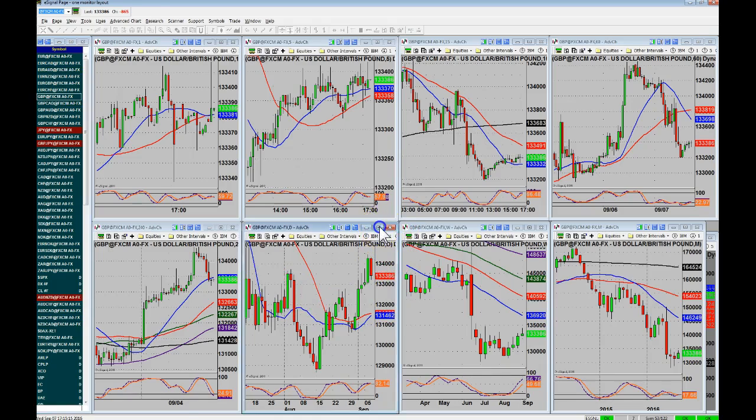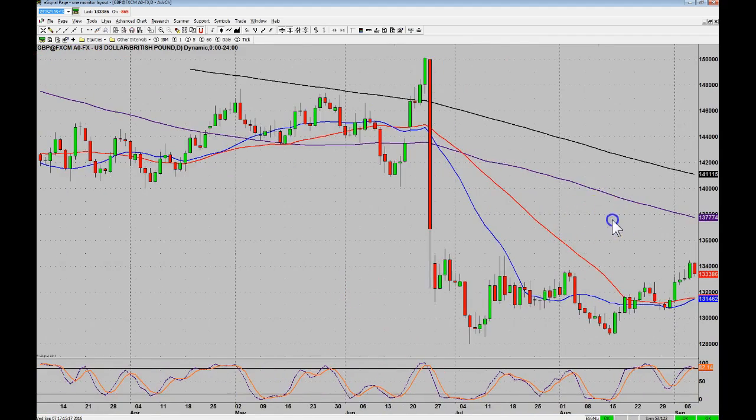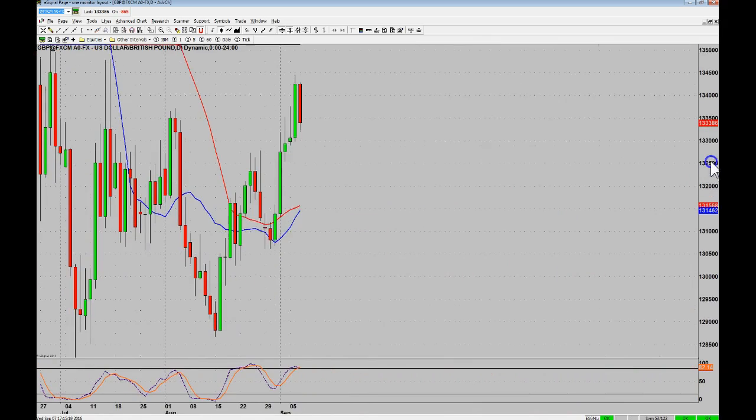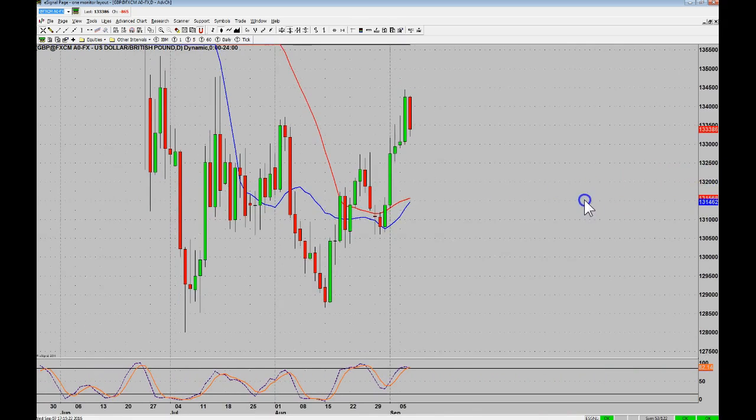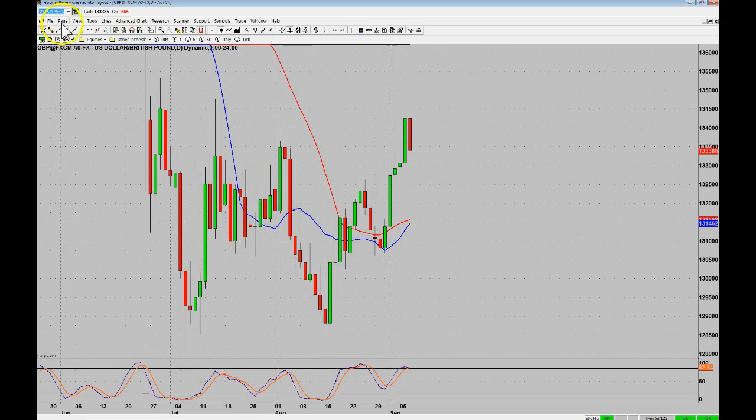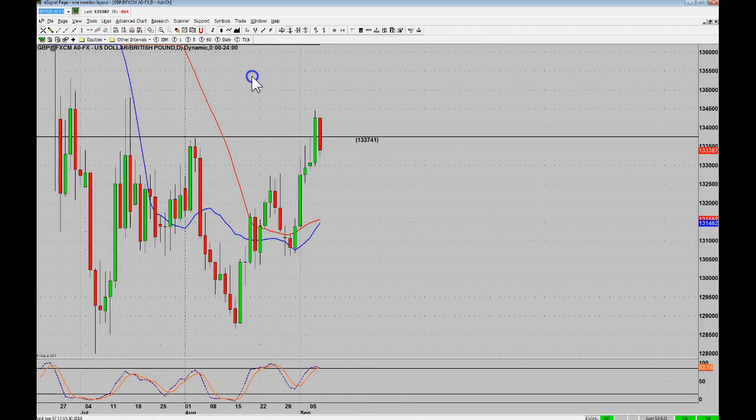How far do stop runs go? It's really a relative thing. Let's look at the pound right now. We'll just take pound dollar as an example. What do you see in the last couple of days? I see this was a very powerful place that nobody wanted it to go to, except for the bulls. I do see a topping tail there, and there, and there.